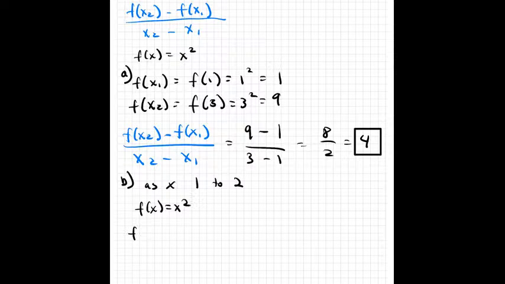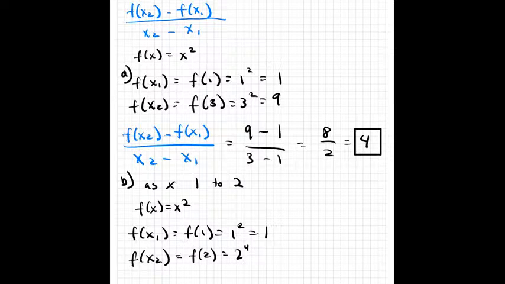Our f of x1, which is going to be f of 1, that's kind of a repeat. Okay. f of x2, x2 in this case is 2, so that's going to be f of 2, 2 squared. 2 squared is 4.